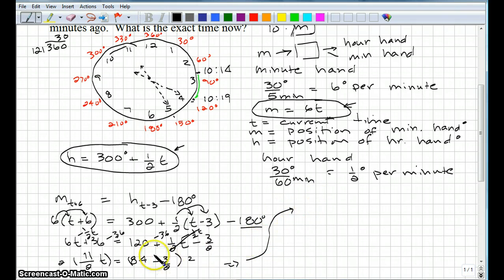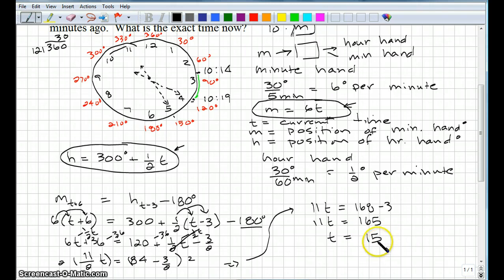And so if we multiply 11/2 times 2, we get 11t is equal to 168 minus 3. Okay? So I've just taken the 2 here, and I got to multiply it by the whole thing, not just one of these, but the whole thing, 84 minus 3/2. Okay, so that gives us 11t is equal to 165. So t is equal to 15.